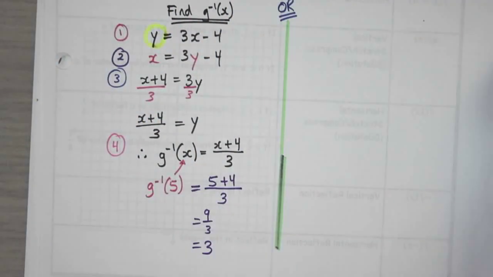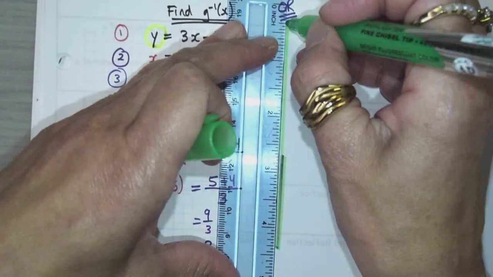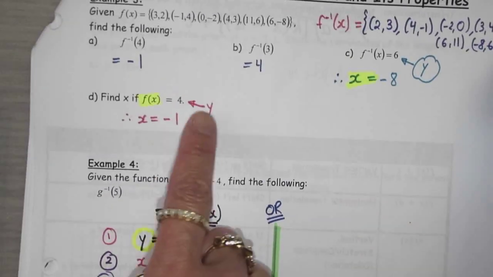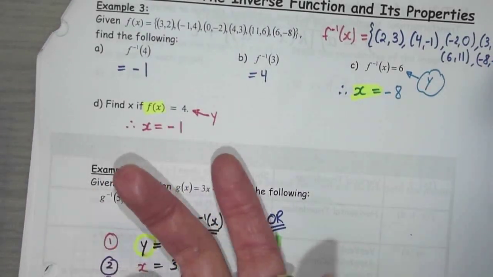Okay, or. My or scenario is, ooh, that line's ugly. My or scenario is, you know how it switches x and y, right? And we did this one up here with the x and y swap thing.